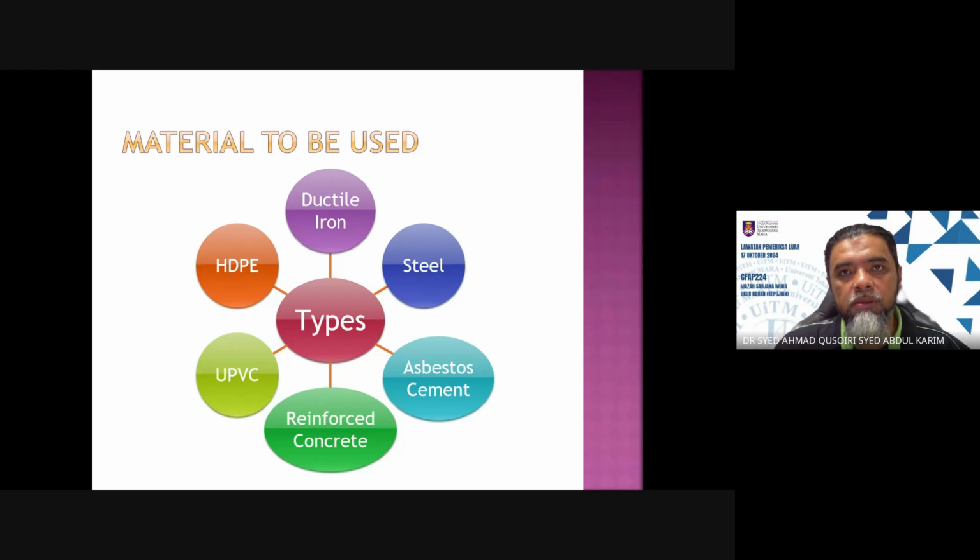These UPVC pipes are usually gray in color. Being usually small diameter pipes, they are used for installing the piping requirement inside a building. So we don't usually use them for outside purposes.